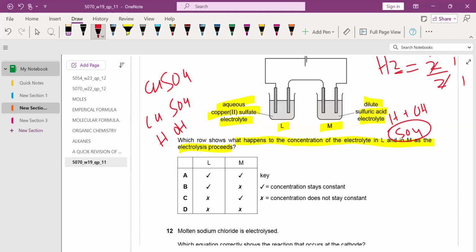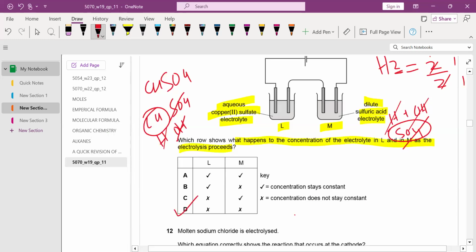Now SO4 doesn't take part in the reaction, and at this side it also does not take part in the reaction, and the H ions do not go to the cathode, nor the OH. Only the copper ions go to the cathode. At this point, these both are also cancelled, so the concentration stays constant.